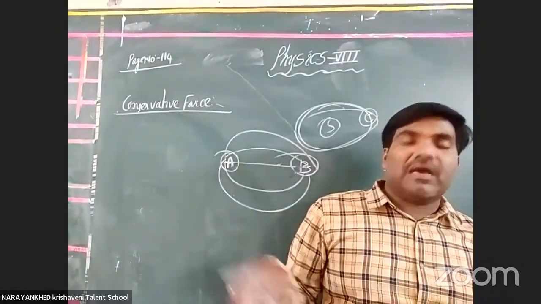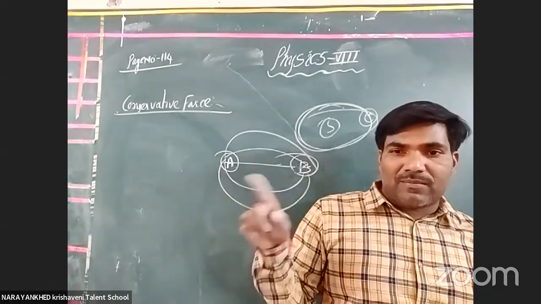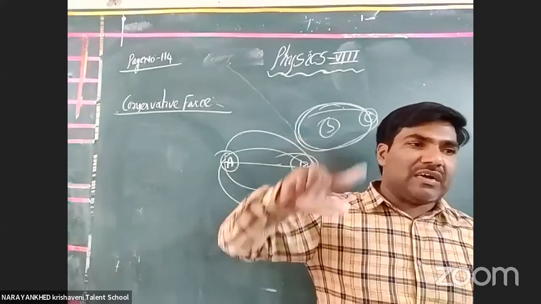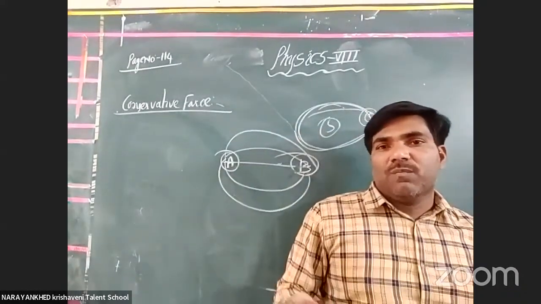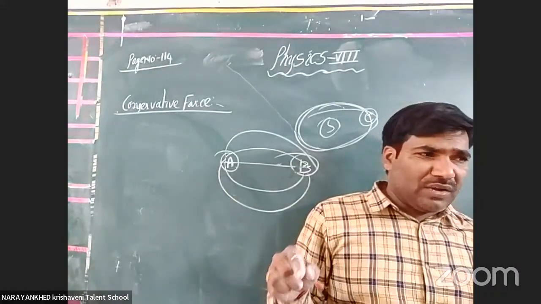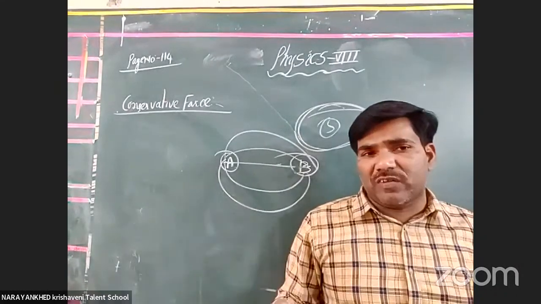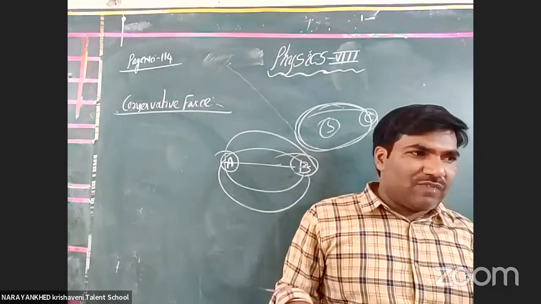Got it or not? Like that, the atom also does not become stable. Why? Because in the atom there are electrostatic attraction forces and repulsion forces between opposite charges and same charges respectively. Attraction occurs between opposite charges, repulsion occurs between similar charges inside the atom.